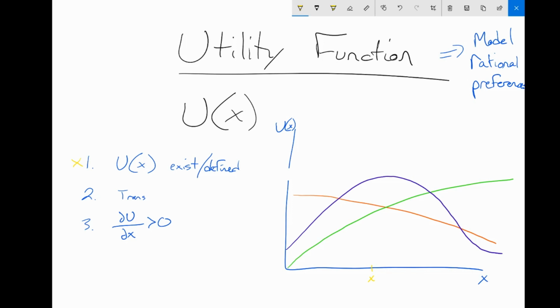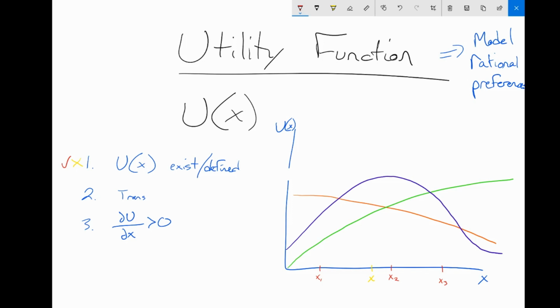Okay, so let's try the next one, red. Does red exist for all the relevant values of x? Yes, so red checks out here. Transitivity. Is transitivity captured? Let's say x1, x2, and x3. Does R capture transitivity?